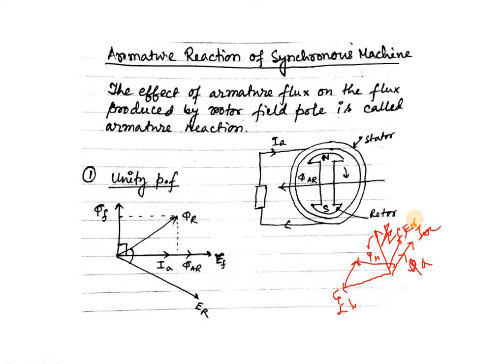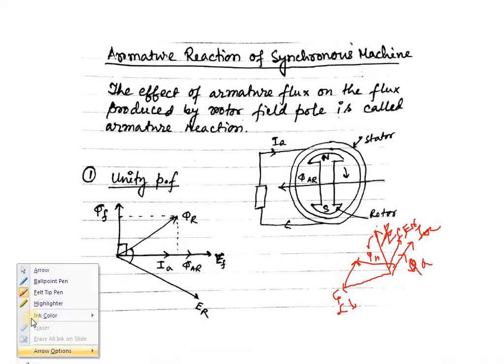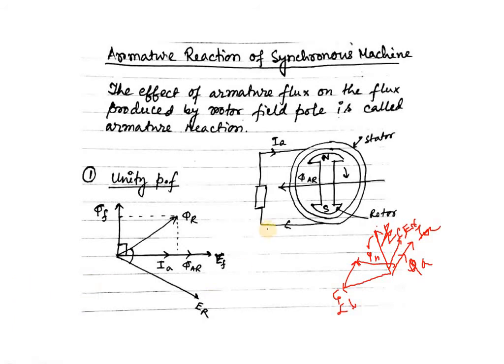Now, this difference of EF and ER, we will call the reactance voltage drop. This difference between EF and ER is the reactance voltage drop.